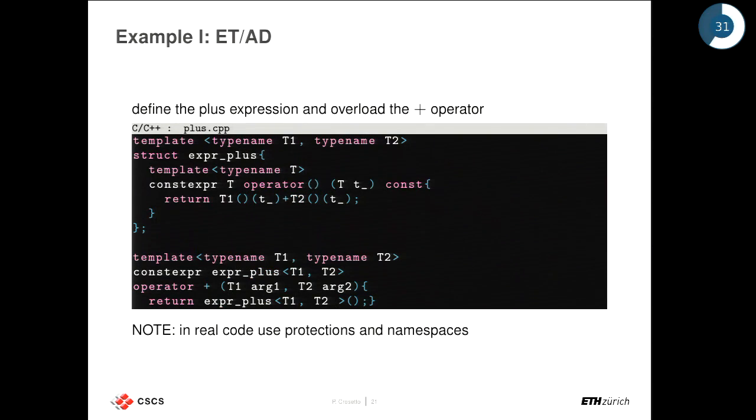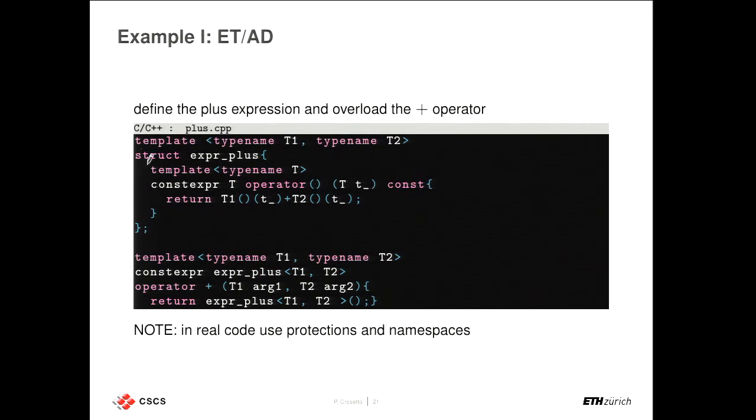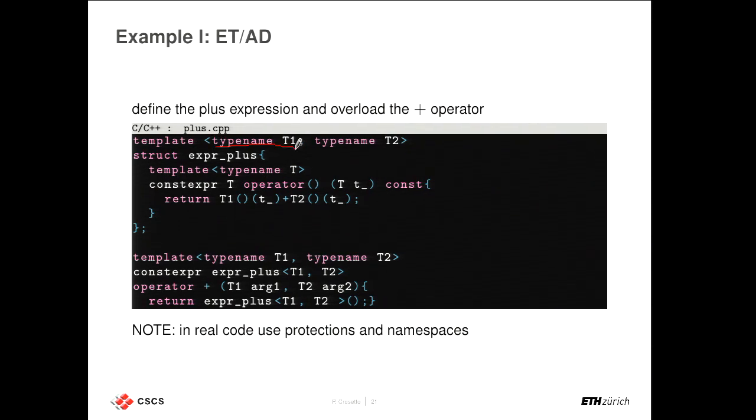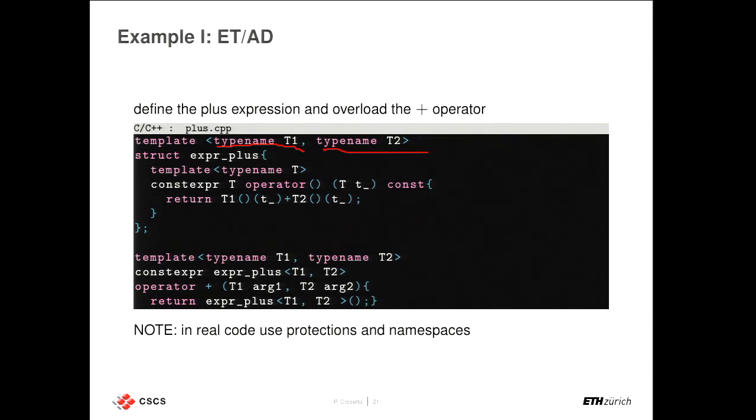Now, to make it more interesting, we want to define the plus operation. For the plus operation, we have two template arguments, one for the left side and one for the right side of the plus operator. We want the evaluation, which is this operator parenthesis, to evaluate the left side and the right side at the point t of this generic type.